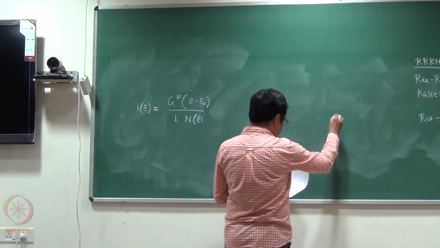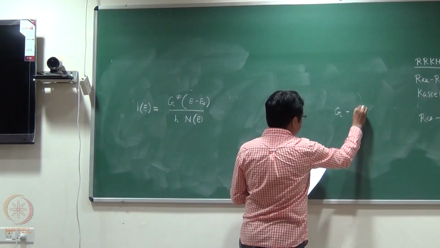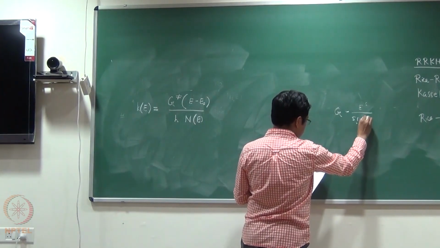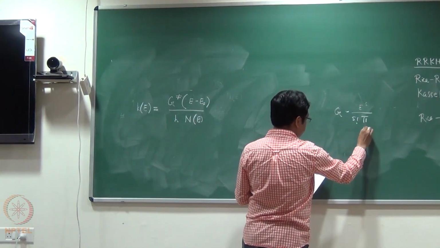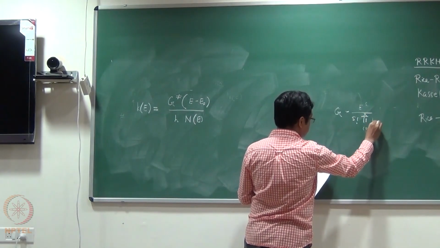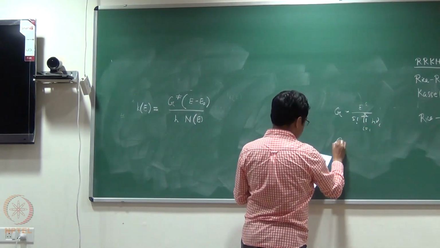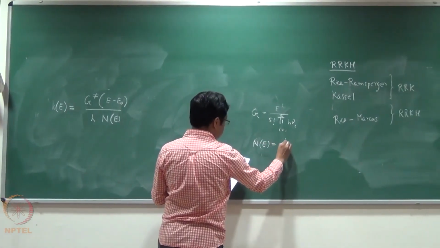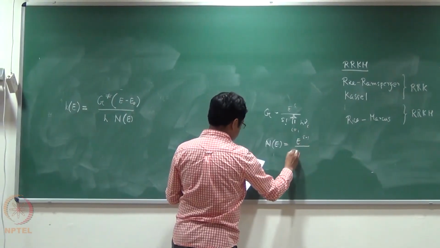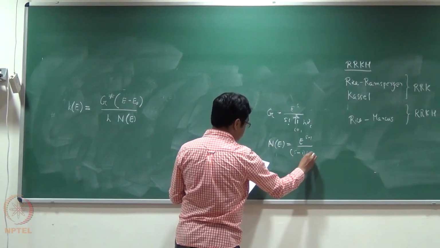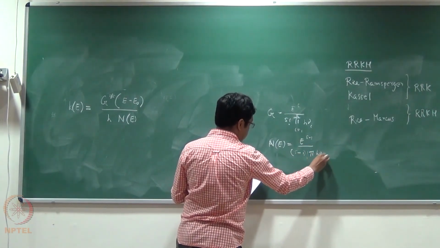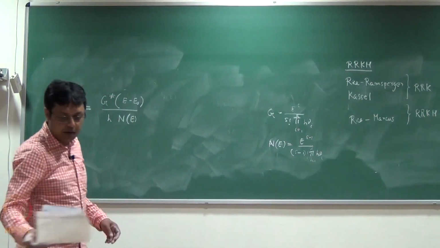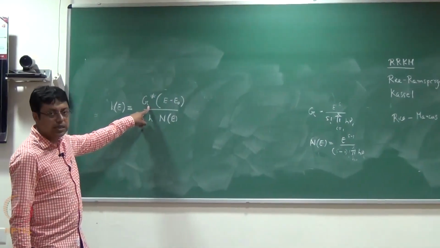Now I have the expression for G as E to the power S over S factorial, and I have E to the power S minus 1 over S minus 1 factorial. Now think about it. What I have written is basically G dagger.